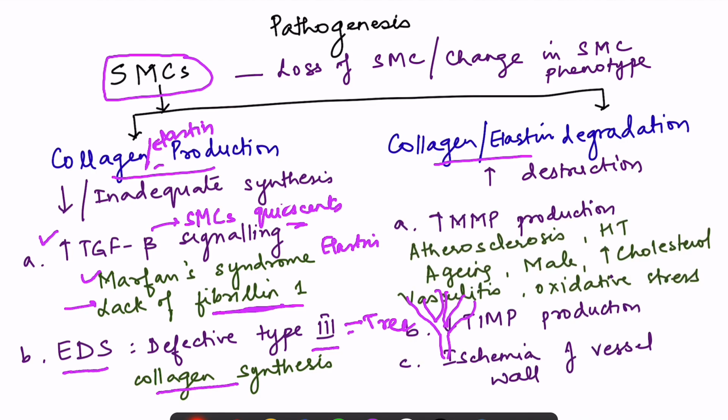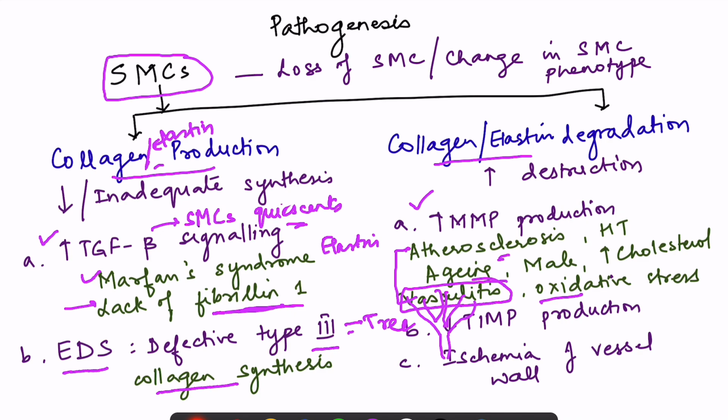Then increased collagen destruction can happen if there is increased production of matrix metalloproteinases by the macrophages. This again we have seen in atherosclerosis, how macrophages are responsible for increased MMP production. So yes, atherosclerosis, hypertension, aging, male gender, increased cholesterol, oxidative stress, vasculitis, all these are causing increased MMP production.